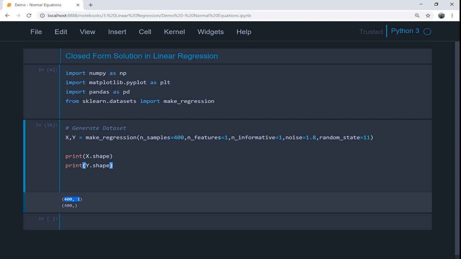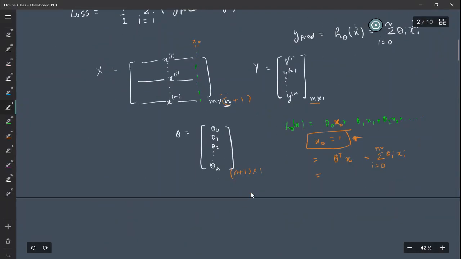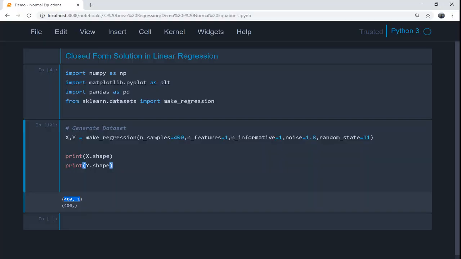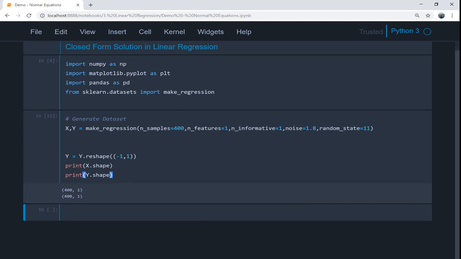So I'm going to reshape y into a matrix, because we said that y should be a vector of m cross 1. So y equals y.reshape, with the number of columns being 1. Clearly, which is good.